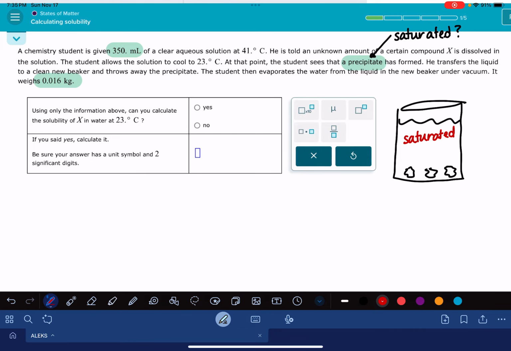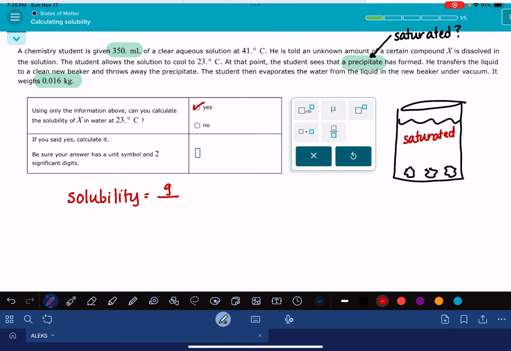So again, anytime we have a situation where we have a solution and there's some sort of solid, whether it's being called a precipitate or whether it's being called crystals, that tells us that that solution is saturated. So I'm struggling with the way that this problem is worded. Our solubility is, first of all, yes, we can calculate the solubility.